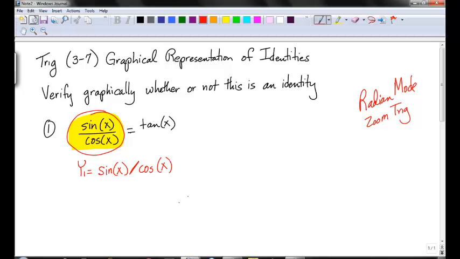So that's what appears in y sub 1. Okay, and then we're going to graph this in y sub 2. So tangent of x. So go down to y sub 2, put in tangent of x. Okay, and zoom Trig, zoom 7.